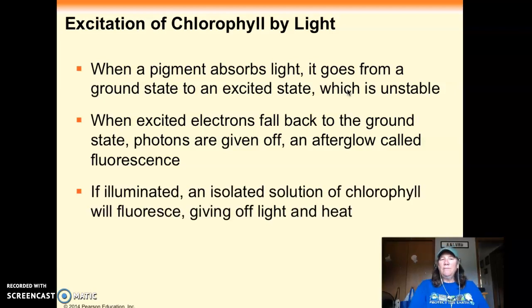If you have an isolated solution of chlorophyll that's illuminated, it'll actually give off light and heat. It'll fluoresce. In a plant, they're going to suck up those little photons, and then they're going to start putting that energy into the Calvin cycle. Okay? I'm trying to think of those little glow sticks and stuff, they kind of use this idea of giving off that fluorescence, giving off the light and heat.